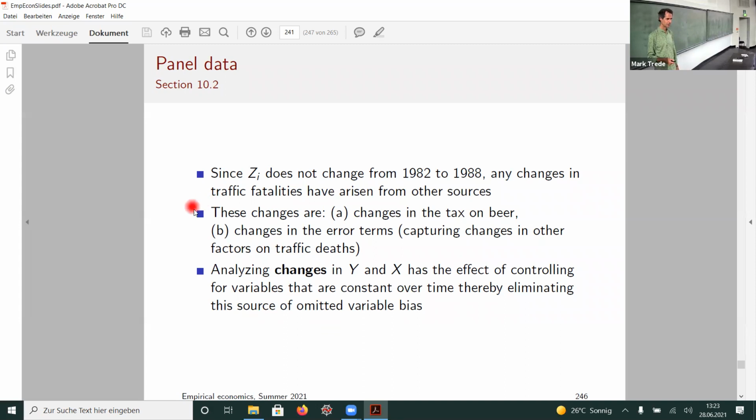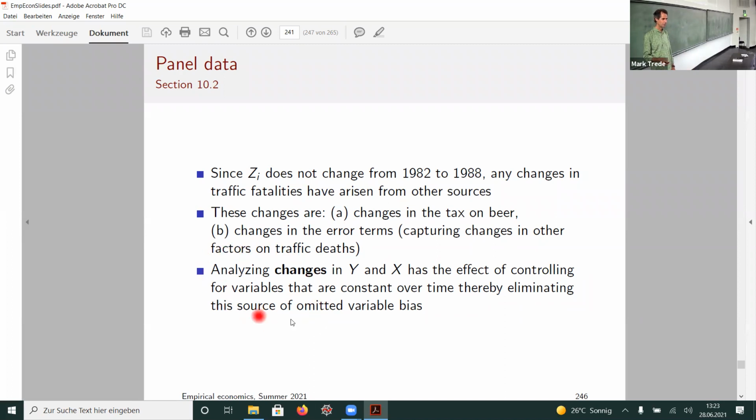Okay, so let's briefly repeat that. Z_i, for instance, the cultural attitudes, doesn't change over time. So all the changes in the traffic fatality rate must have other sources. And potential sources are changes in the beer tax, of course, or changes in the error term. And the error term captures everything that changes over time and is different in different states.